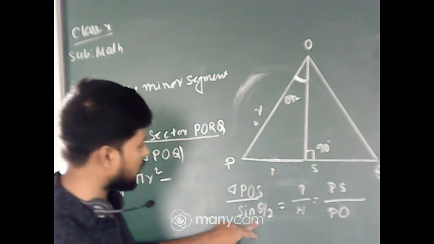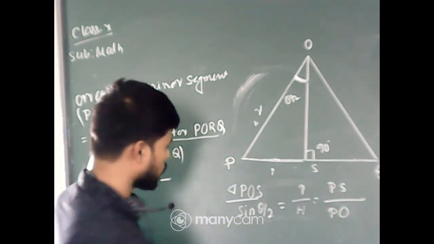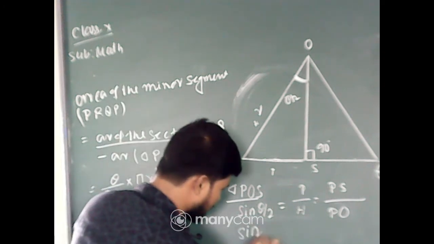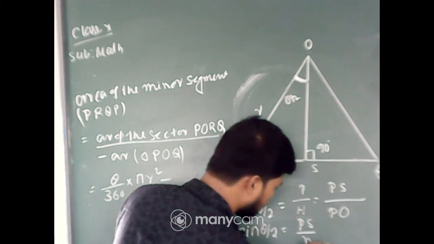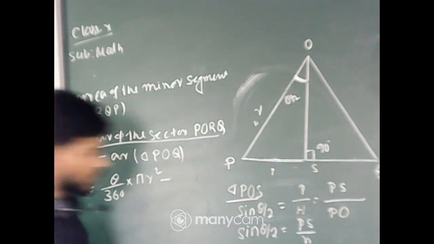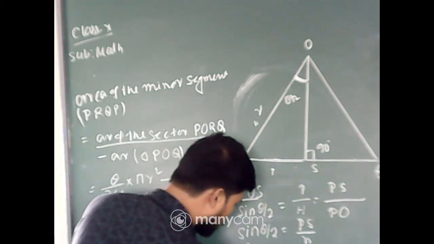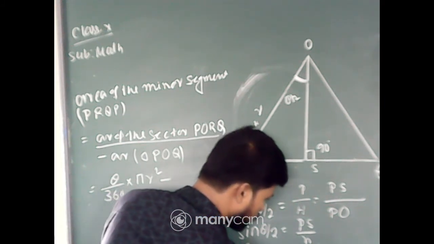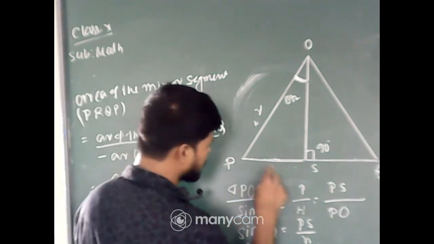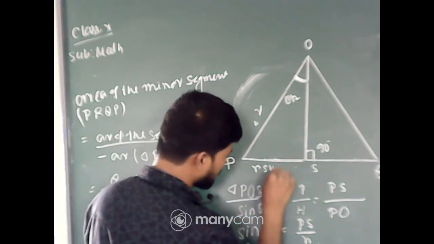So sine theta by 2 is equal to PS by PO, that means sine theta by 2 is equal to PS by R. So from here, what will be the value of PS? That means R sine theta by 2. So the value of PS is R sine theta by 2.